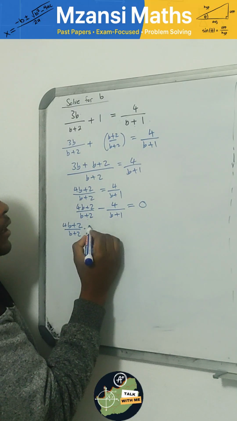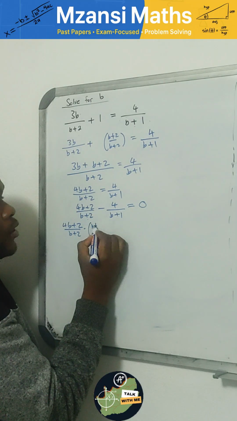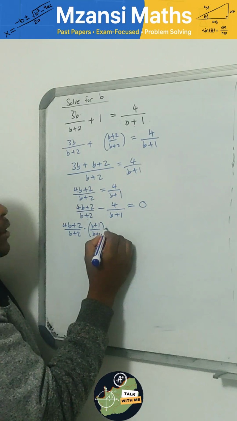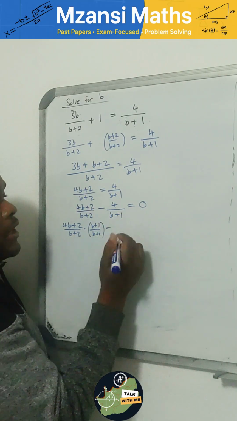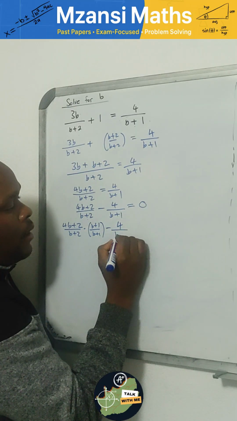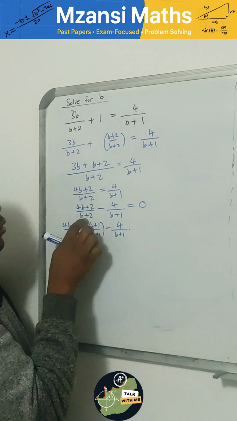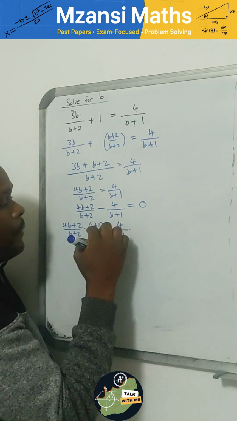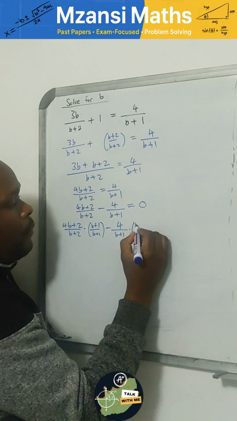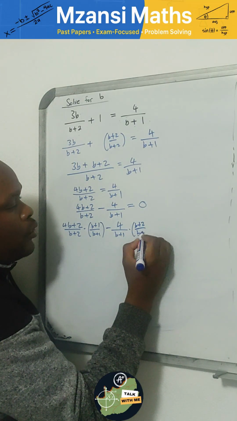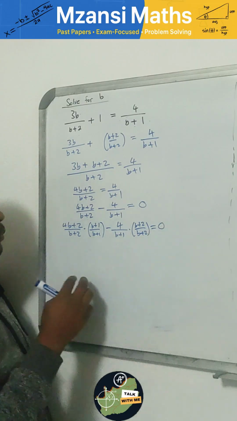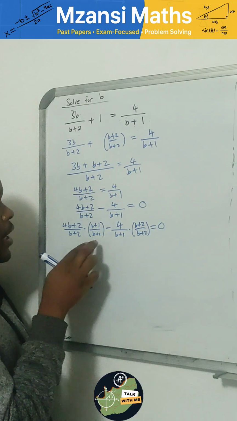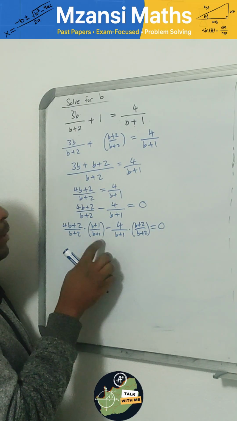You'll say times b plus 1 over b plus 1, right? And then you take this fraction as it is, write it down, 4 over b plus 1 times, you look at the denominator from the first fraction and multiply by it, you'll say b plus 2 over b plus 2, right? Now you have a lowest common denominator, which is b plus 2 times b plus 1.